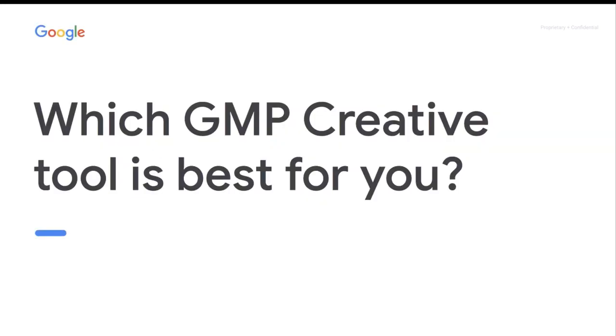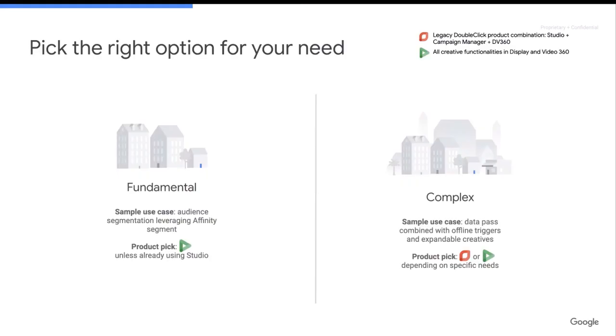So speaking of which GMP creative tool to use, the focus of today's session was DDC in DV360. But as we know, Studio also is a DDC tool that can help more enterprise level use cases of dynamic creatives. So let's talk about which option you should be choosing.